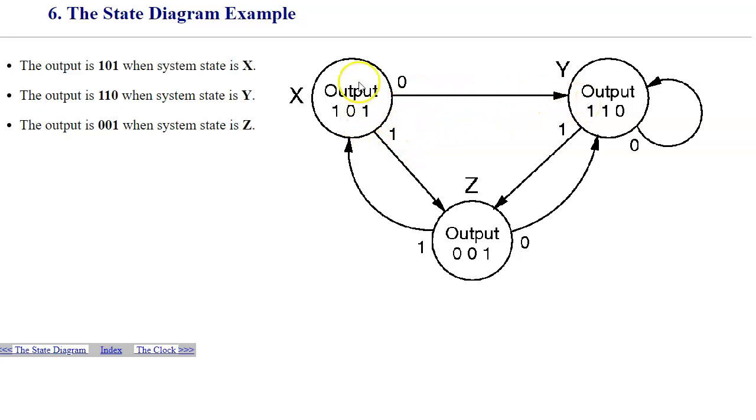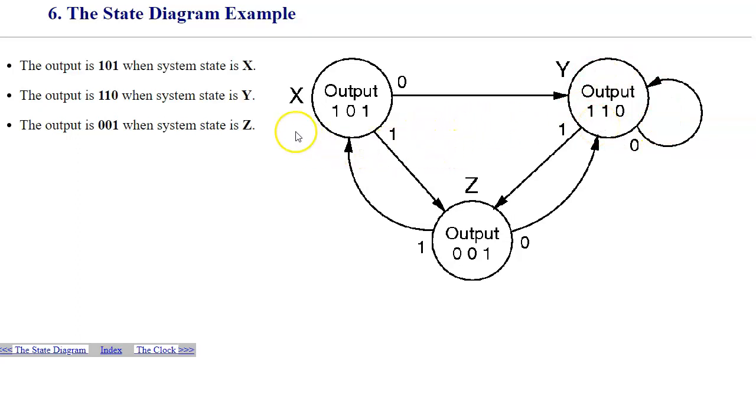For example, in state X, when we receive a 0, we transition the state machine to state Y, and 1 transitions us to the state Z. So all of these transitions are described and indicated by what kind of signal triggers the state transition. This transition right here indicates that a 0 transitions Y into the same state. So it's like a self transition right here to the same state.